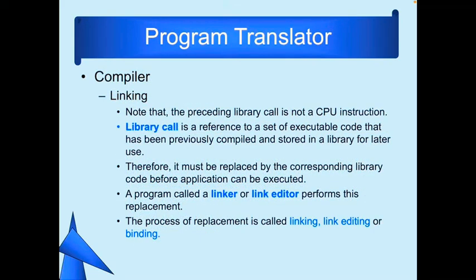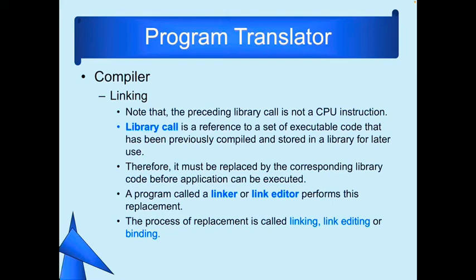When you compile your programs, usually we also need to do what we call linking. Why do we need a linking process? Because the preceding library call is not in CPU instruction. Maybe your program calls an outside library.